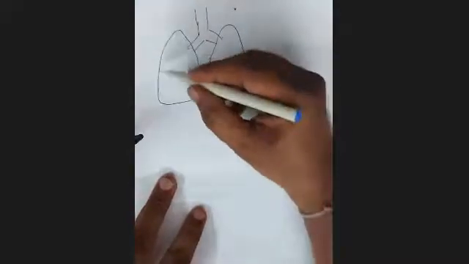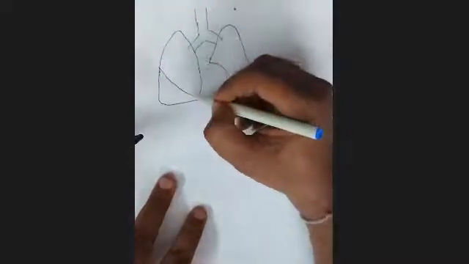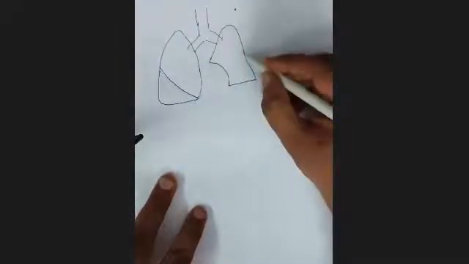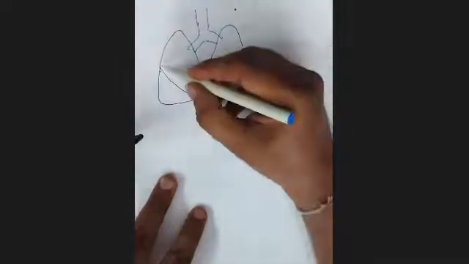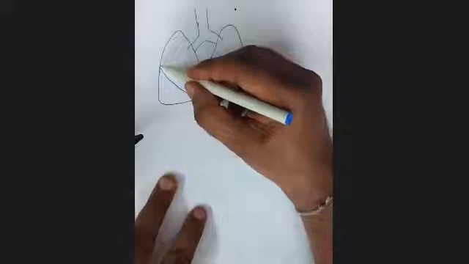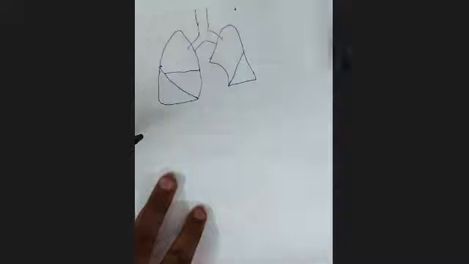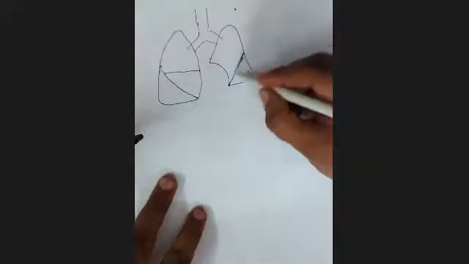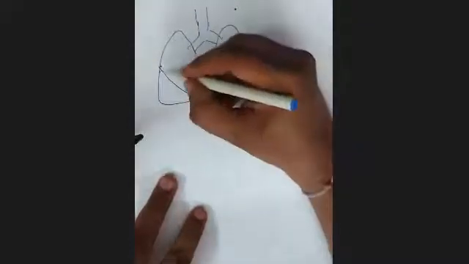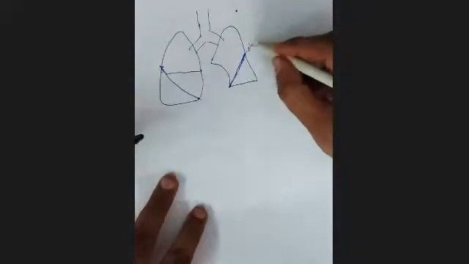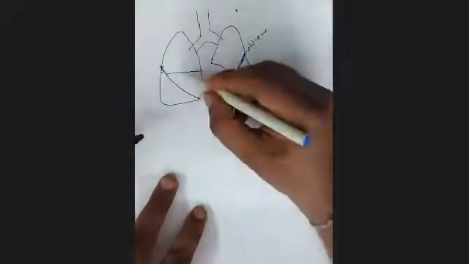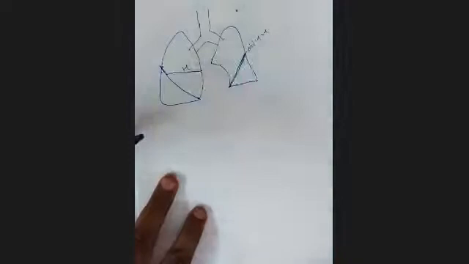Both the lungs have a fissure called the oblique fissure. It runs obliquely. But the right lung additionally has a fissure which is called the horizontal fissure. So this oblique fissure is there on both the lungs, and this is the horizontal fissure.